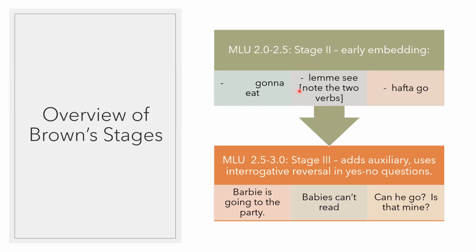It's when we first start to see complex syntax evolve, where kids are actually trying to put more than one verb into a sentence.